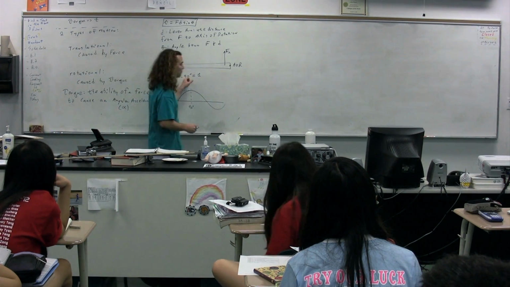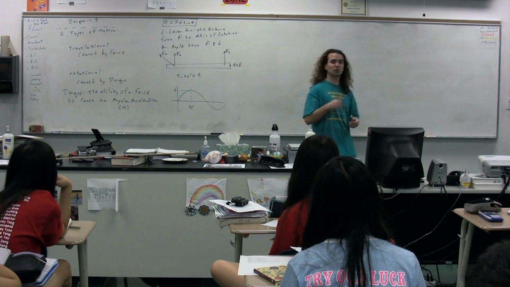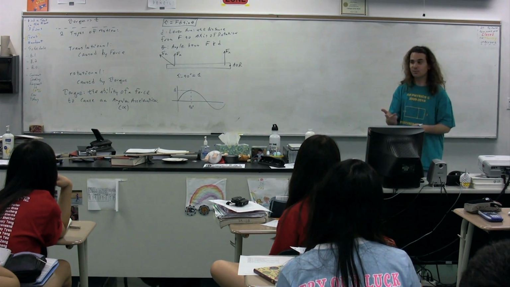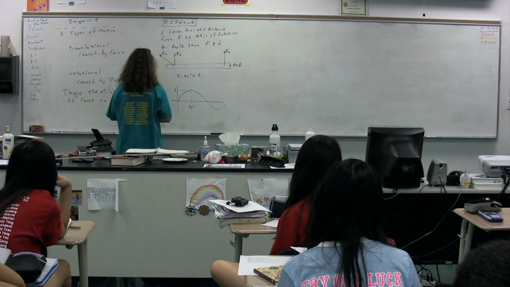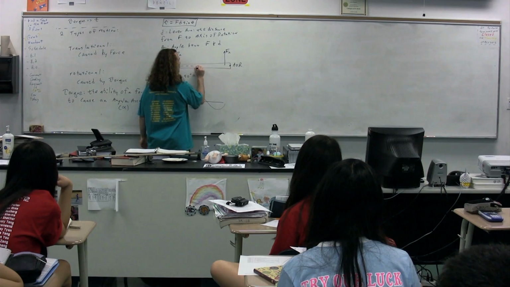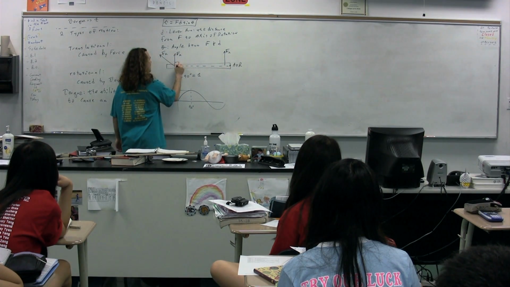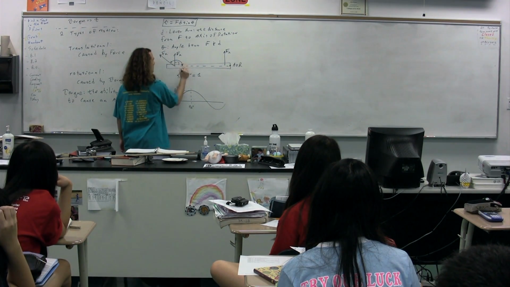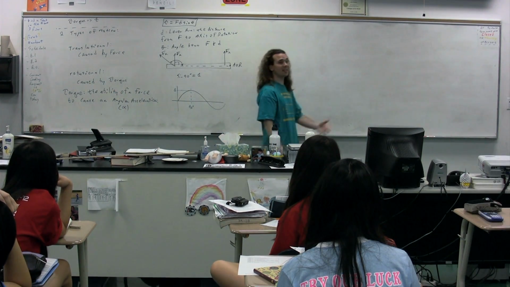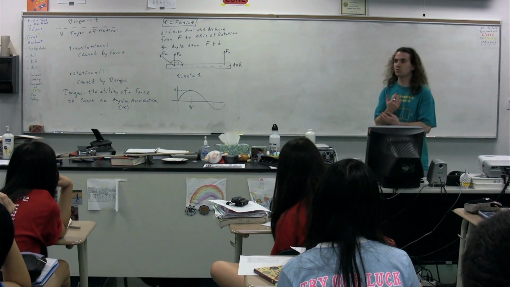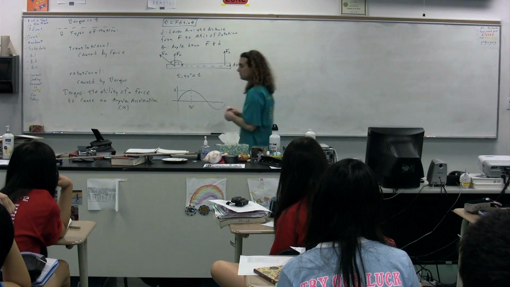So your best bet, in order to get the most torque with the same lever arm and the same force, is to apply a force at 90 degrees. If you apply a force at any other angle, for example, with this one, some angle larger than 90 degrees right here, you're going to get a value for the sine of that angle which is less, and therefore you're going to get less torque.